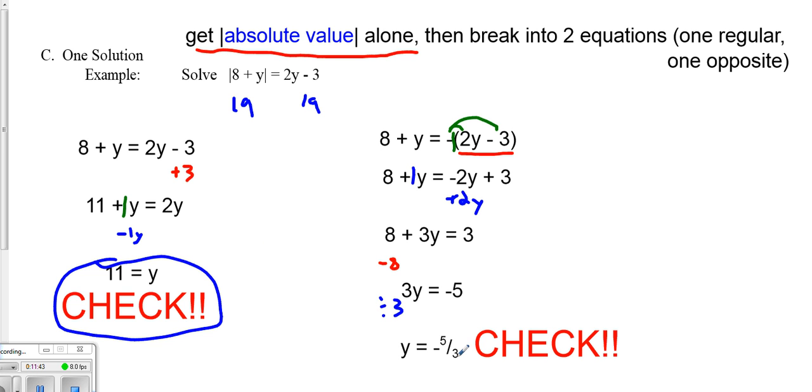Okay, if we're looking at negative 5 thirds, if we plug it into this side, 2 times negative 5 thirds would be negative 10 thirds, minus 3. Well, if you have a negative, you're subtracting, you're going further negative. Okay, that would actually become negative 19 thirds.